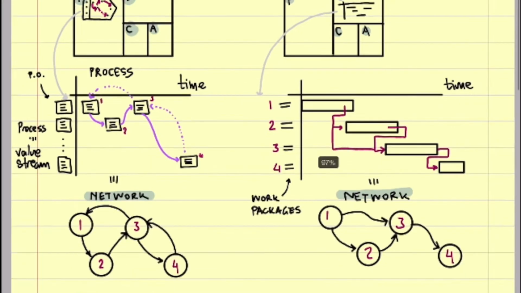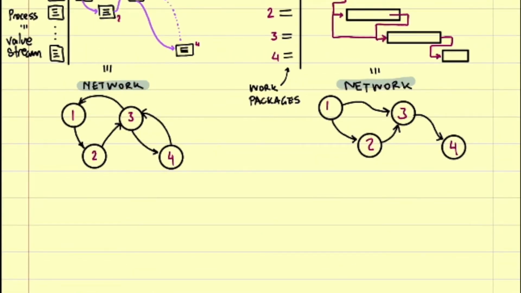So here the nodes are the process owners, and the edges are material and information flow.